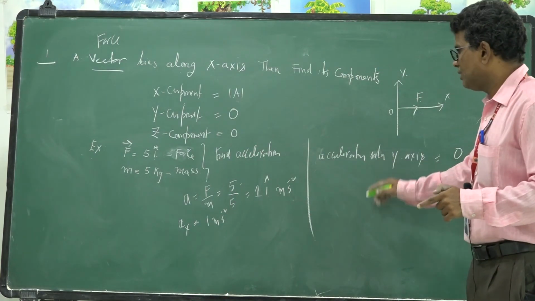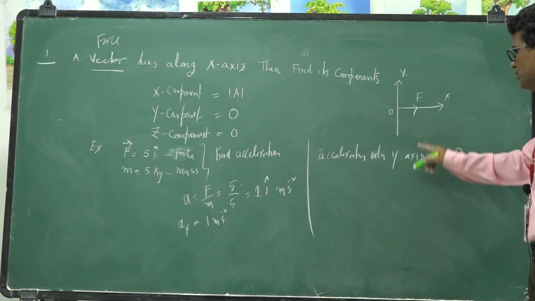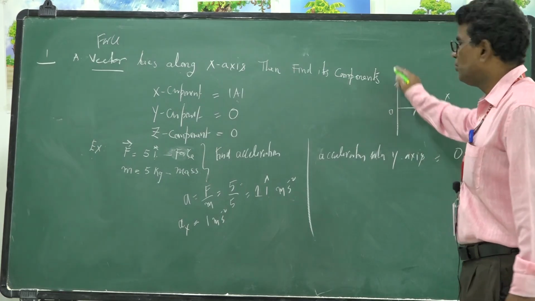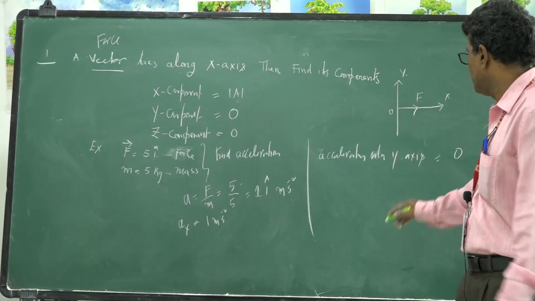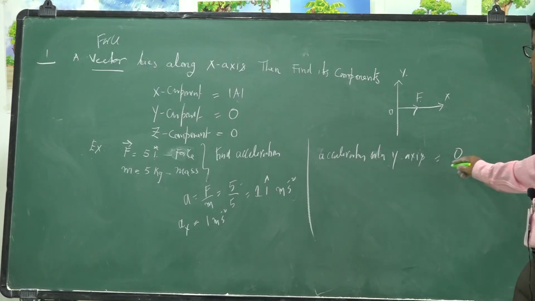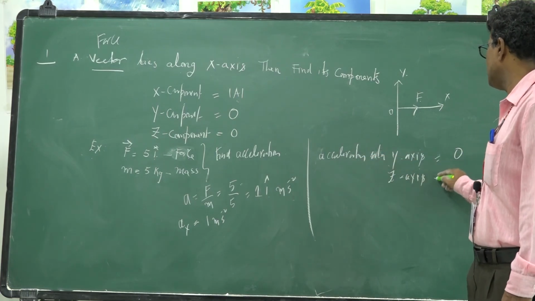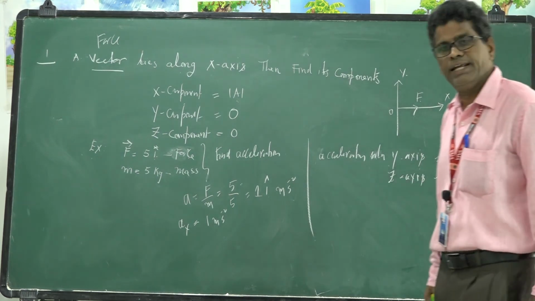The force acts in x direction, so the body gets accelerated in x direction only. It won't move in y direction. That force has no influence in y direction, so its acceleration along y axis is 0. Similarly, the acceleration along z axis is 0. So this is one example.